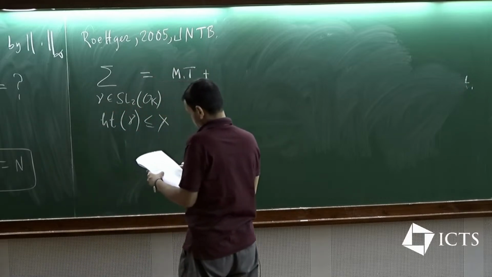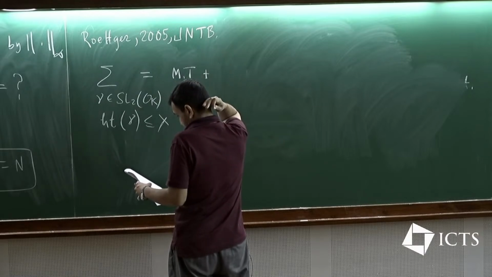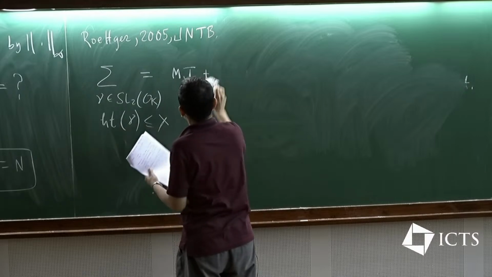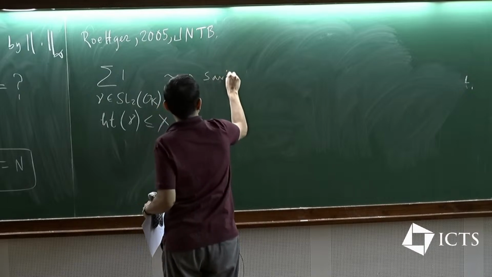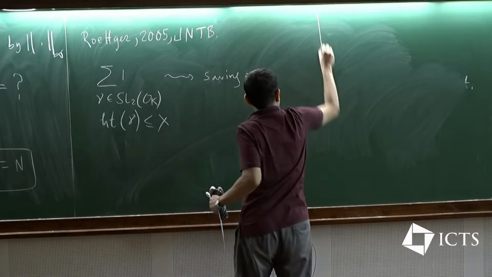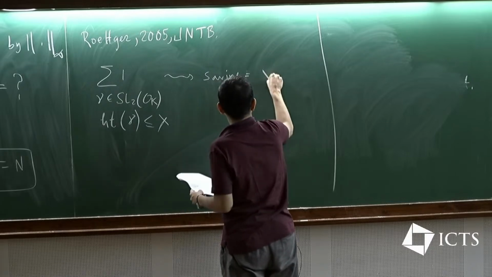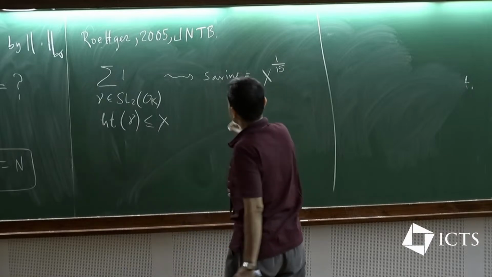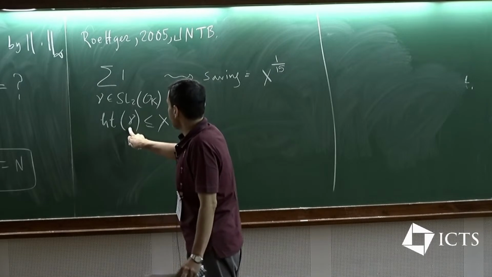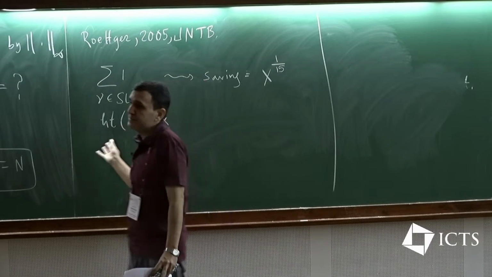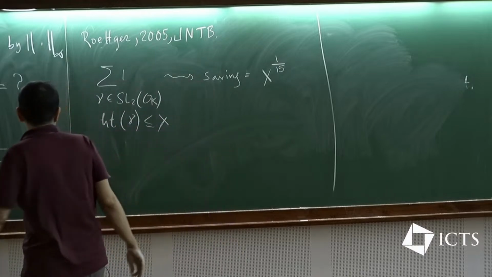And here the error term, I'll just say that in this case, the saving is x power 1 by 15 over the main term. The height means you are over a number field, so the elements have various embeddings, so you take the maximum of all the absolute values.